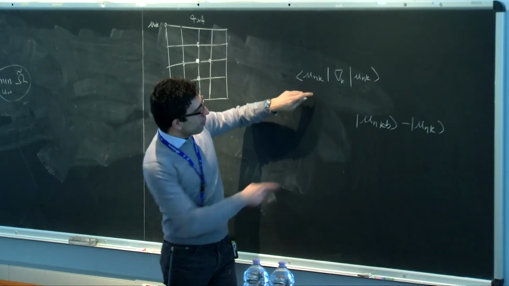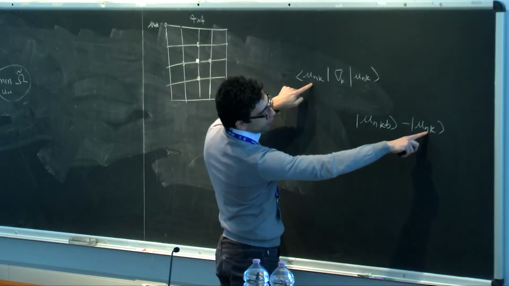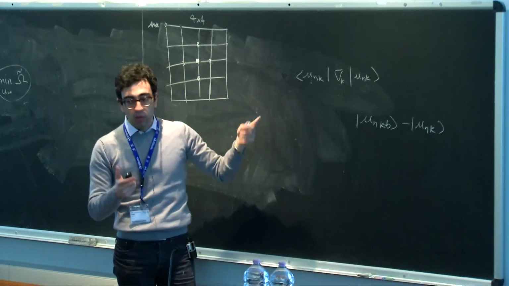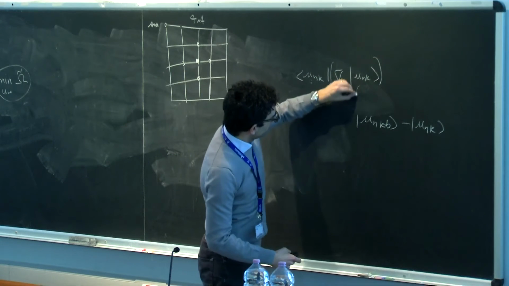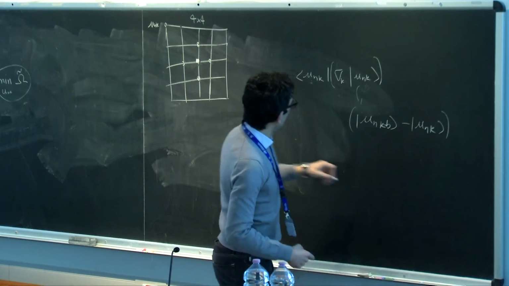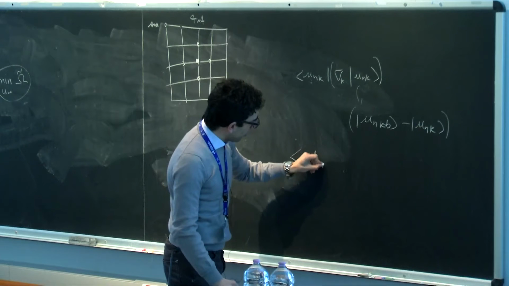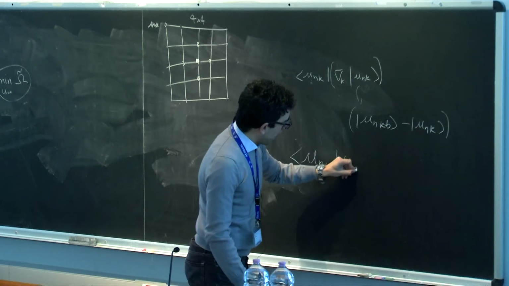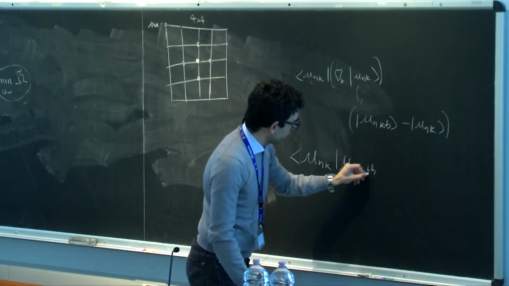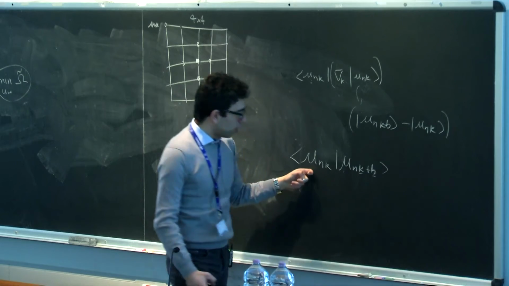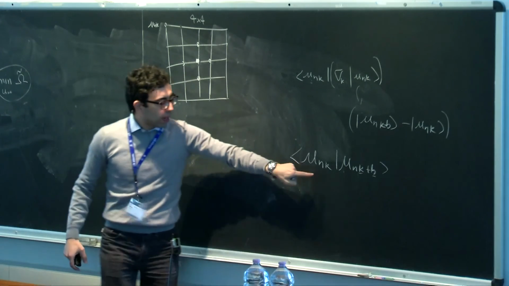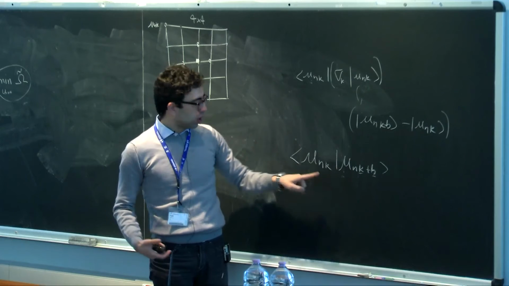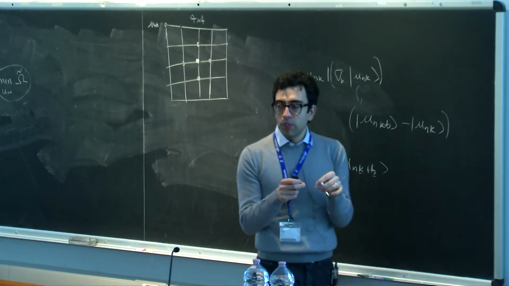And so you see that the main ingredient, this is orthogonal, so you get either 1 or 0. But the ingredient you get in the end is something of the form u_nk, u_n,k+b. So this is integrals, overlaps of periodic parts of the wave function over neighboring points in the Brillouin zone.